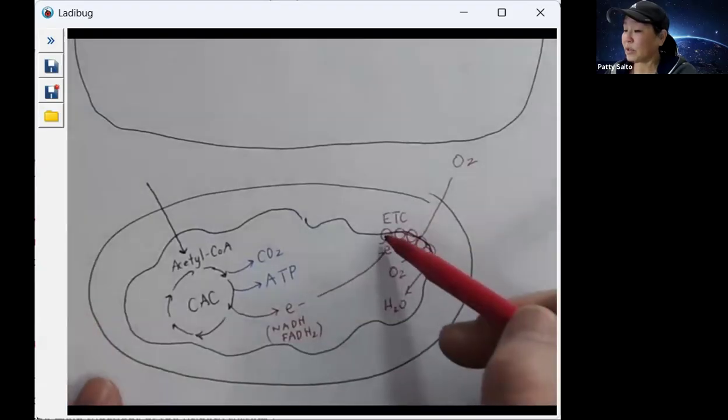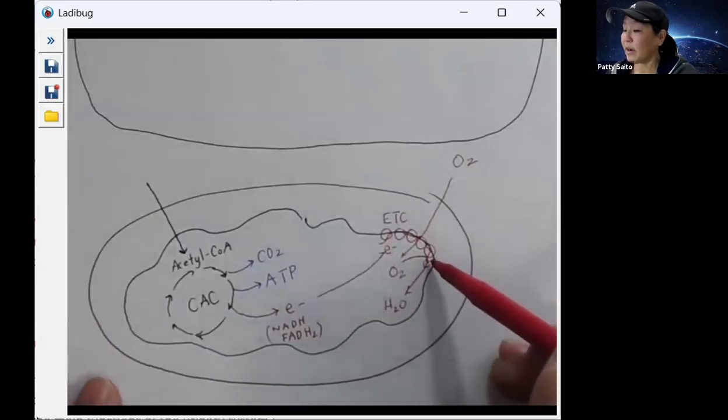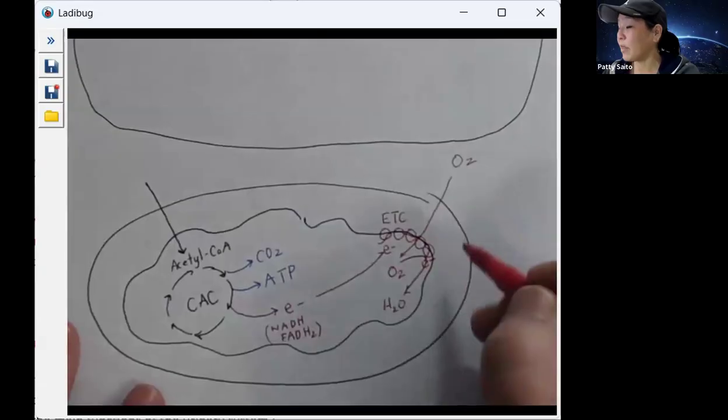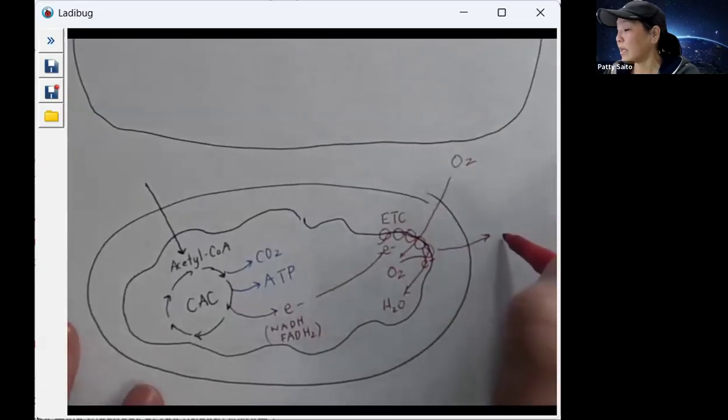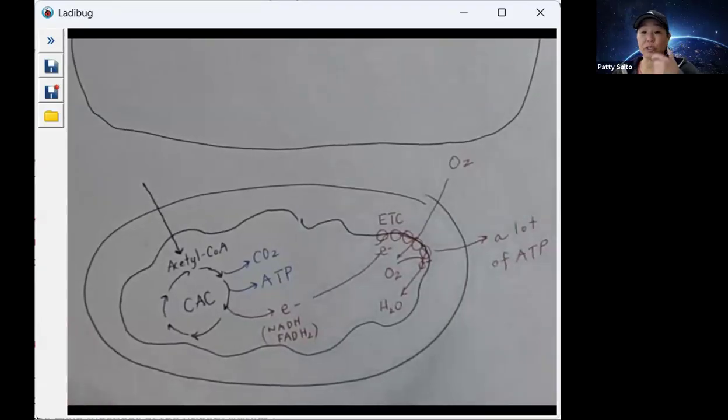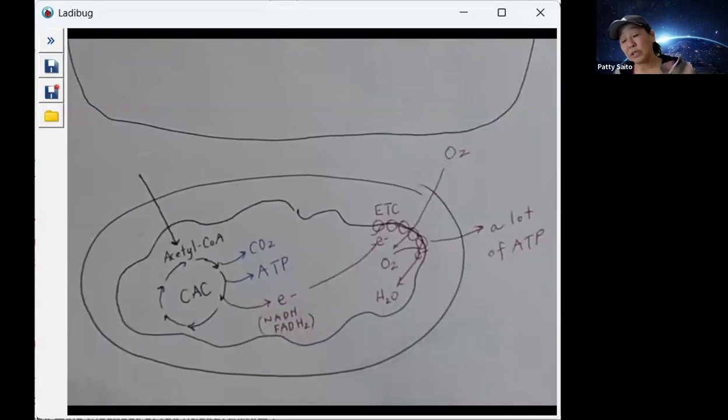So as the electrons are transported along here, they're picked up by the oxygen, add some hydrogens, and we get water. And through this process, we get a lot of ATP made. And this is what's going to drive most of our cellular processes.